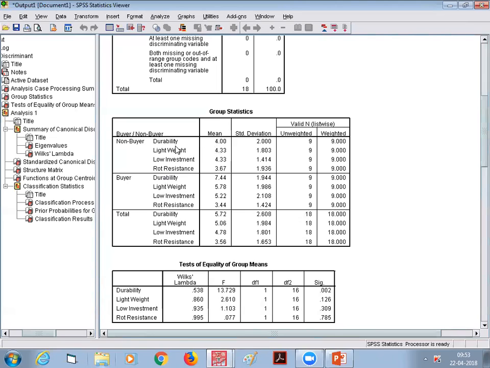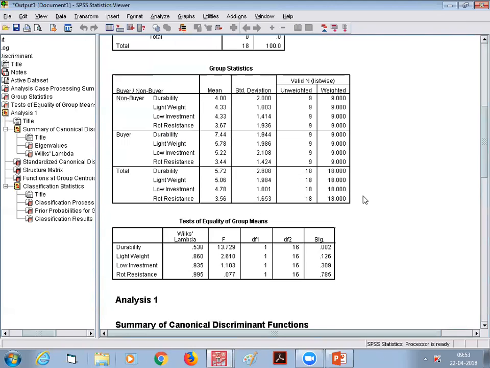The average scoring of durability, lightweight, the standard deviation, the usual descriptive data, with respect to the non-buyer group and buyer group. Then combining non-buyer and buyer, for 18 observations, this is the average value. So everything will be provided in the SPSS output. That is the basics. If you want, you can use that. At present, we don't require averages and all.